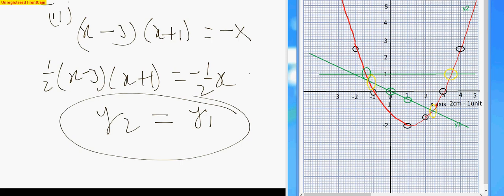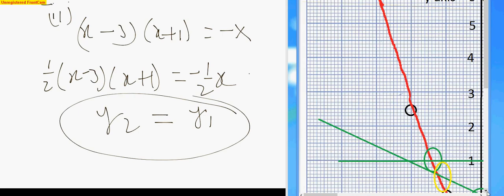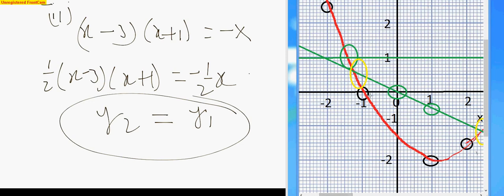Let's increase the scale a bit so we can see it clearly. If you are using your real graph, I think you see it clearly. Let me zoom in a bit so you can see it. Here, the red and the green line meet at this point right here, and that will be negative 1.2.